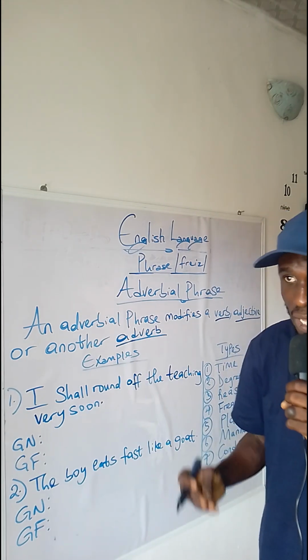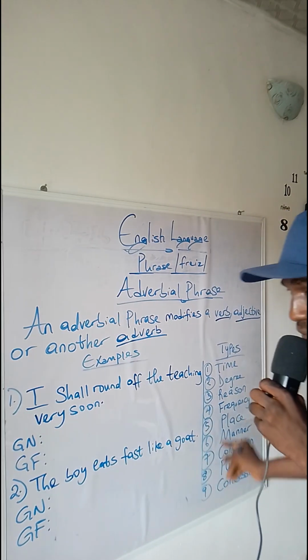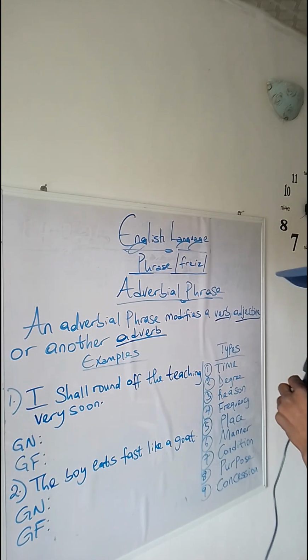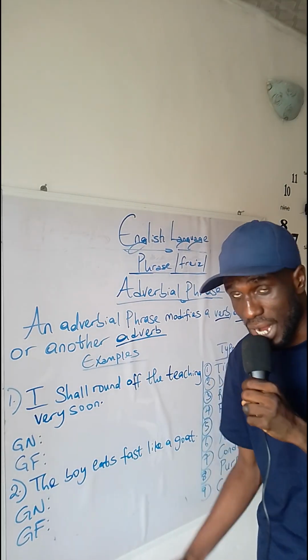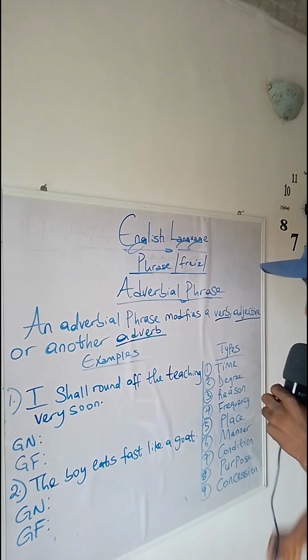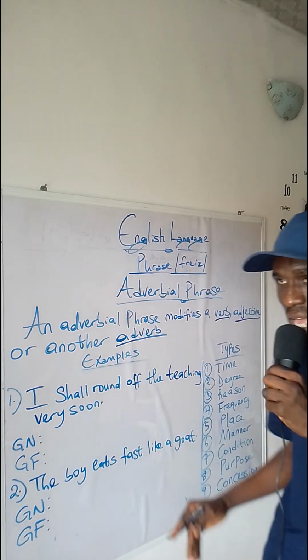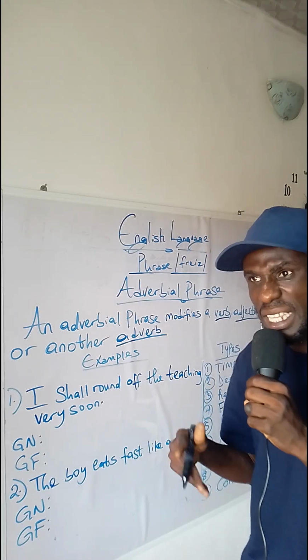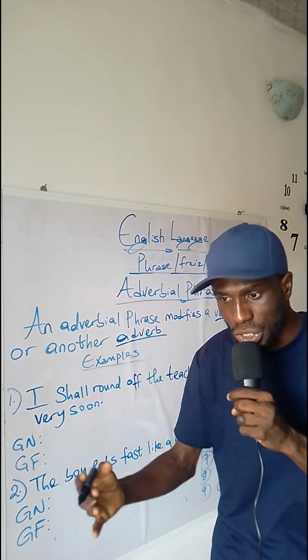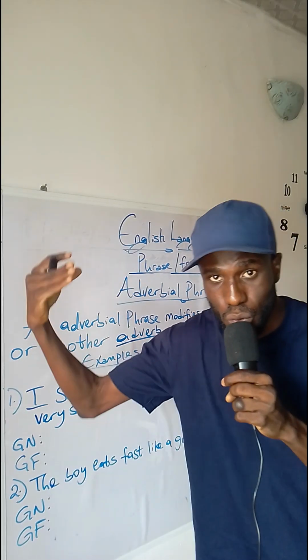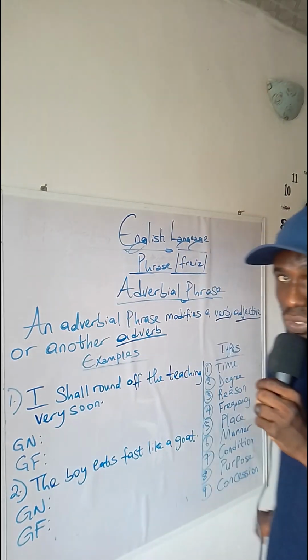Yes, these are the questions that the adverb of condition does answer. So we also have the adverb of purpose, very similar to that of reason. It answers the question of why as well. And of course concession here answers the question of despite or in spite of the situation, right? The subject will still go on to do something. So that is concession for you.